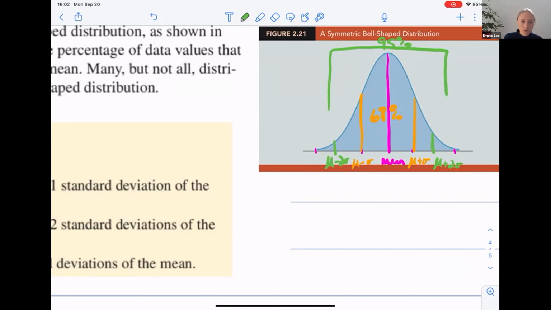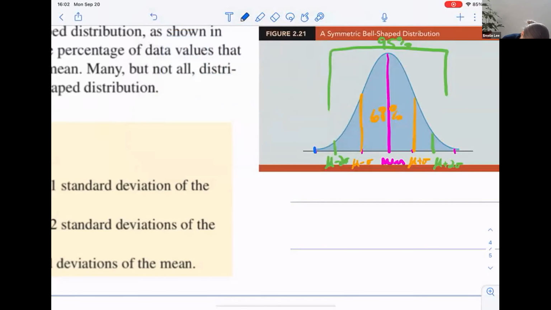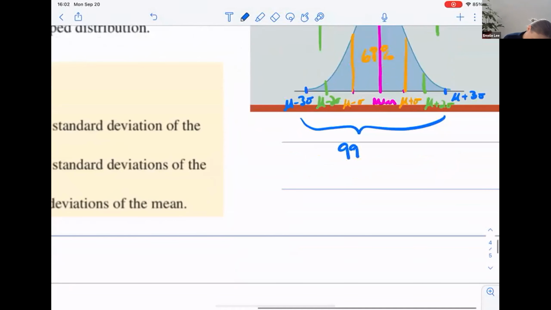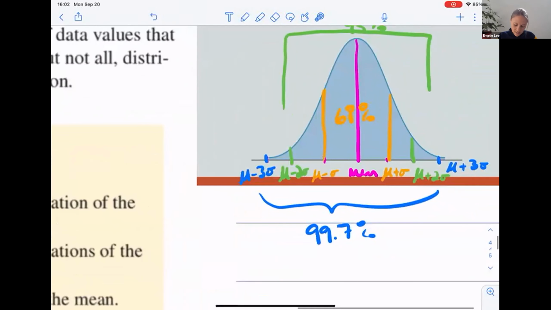And then once we get out into the tails, at mu minus 3 sigma and mu plus 3 sigma, we've covered the central 99.7%. I can talk about this distribution for a long time, but what's interesting is that these tails never actually close.